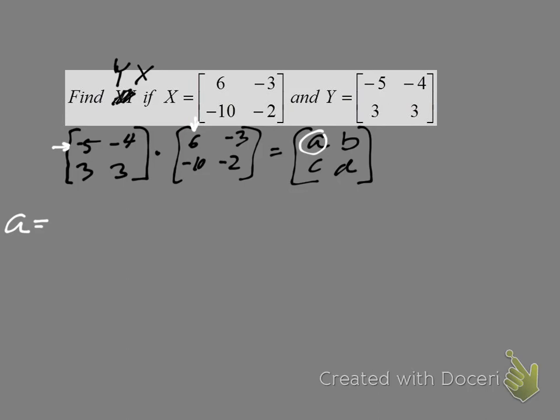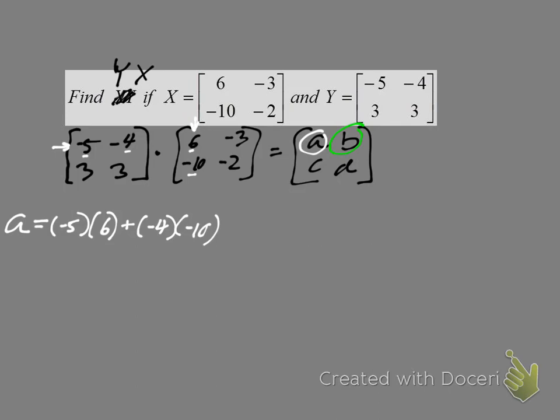Okay, so we go first times first, so -5 times 6 plus -4 and -10. B would be the same thing.